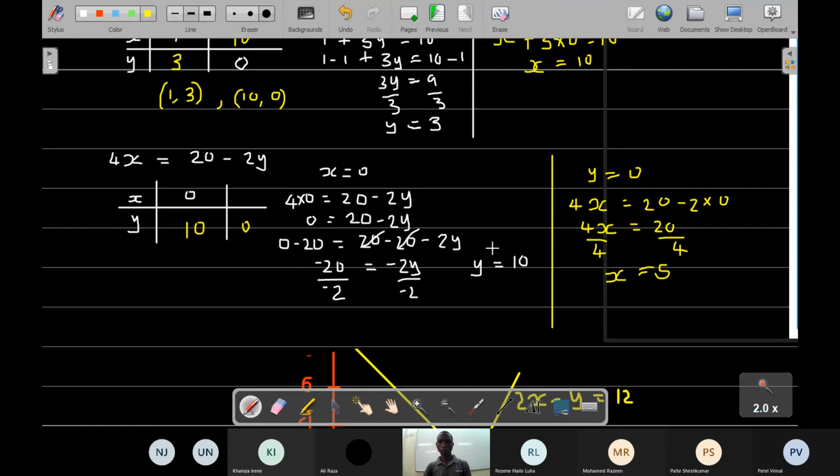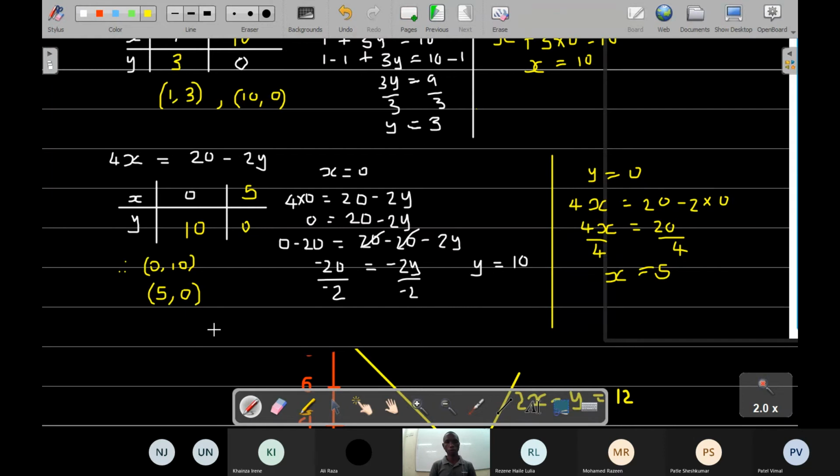So here I get 5. Therefore the coordinates for the second equation are 0, 10, and 5, 0.